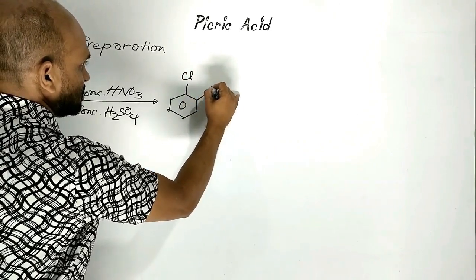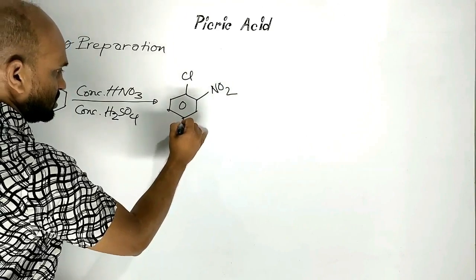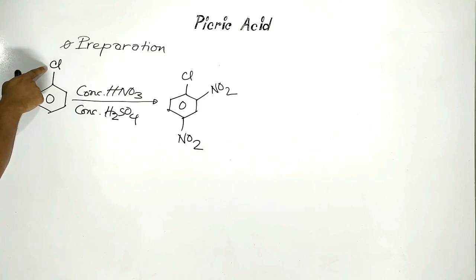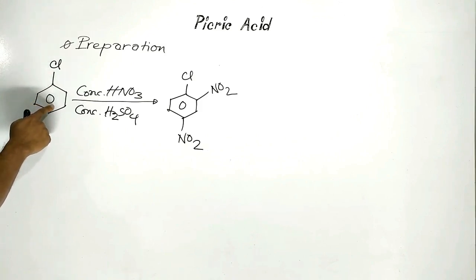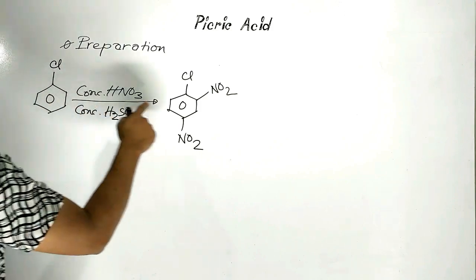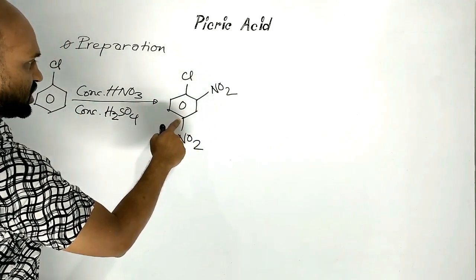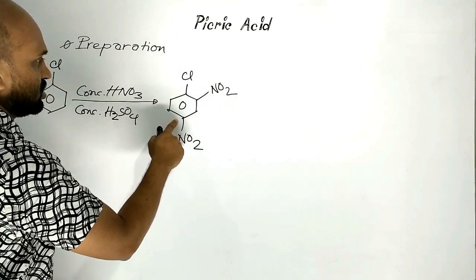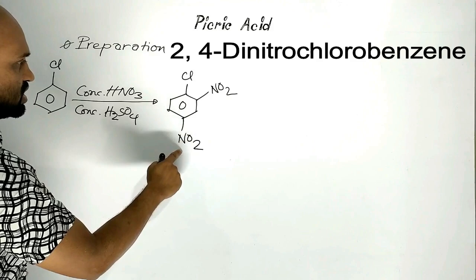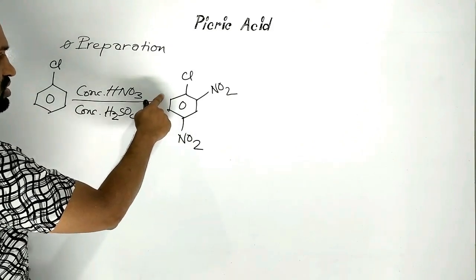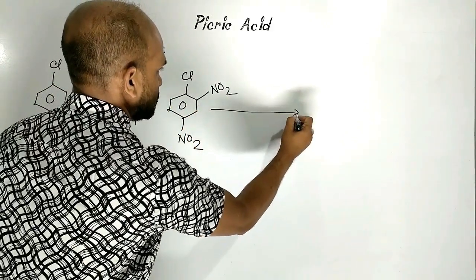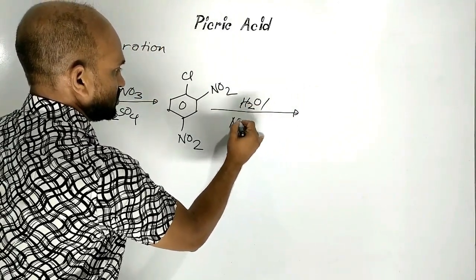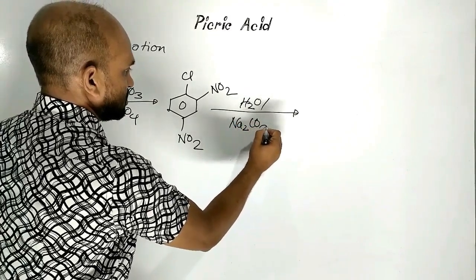At ortho position nitro group and at para position nitro group, because chlorine is a kind of benzene ring activating group. That is why at ortho and para positions, nitro group combines to form 2,4-dinitrochlorobenzene. Now this compound is hydrolyzed in presence of sodium carbonate.